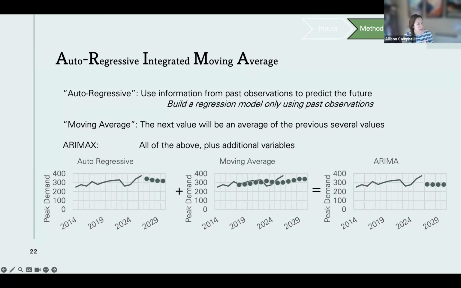So autoregressive just means, imagine again, y equals mx plus b. Let's say we want to predict y by using y minus 1. So y equals m times whatever y used to be plus b. And it's a little funny to wrap your head around, but that's effectively what it means.